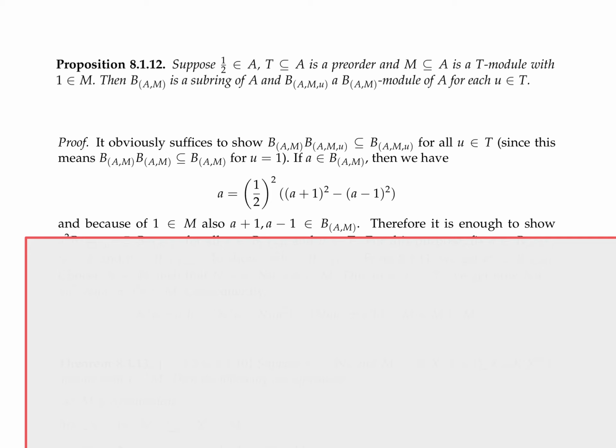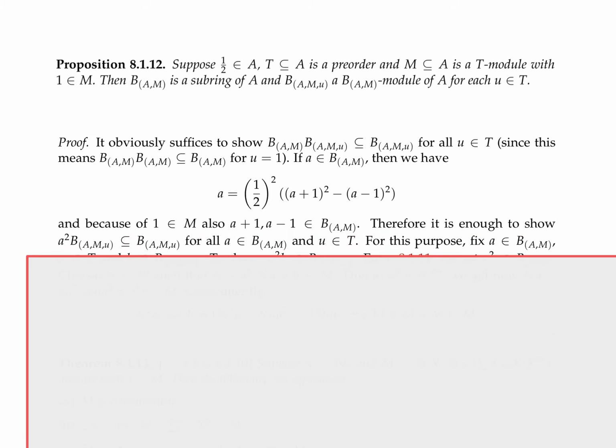Yes, therefore it is enough to show that BAMU is closed under multiplication with squares, right? Because an arbitrary element from BAM, I can write it like this. And so it's enough to show that BAMU is closed under multiplication with squares, right?